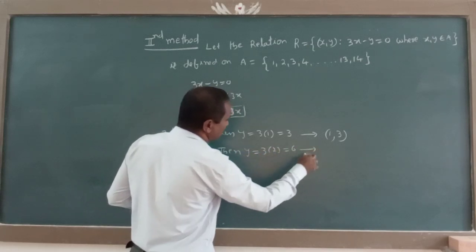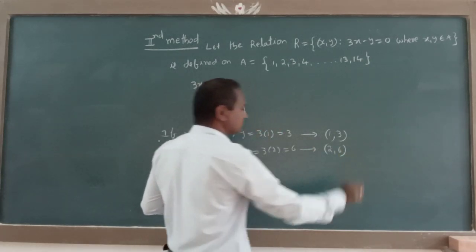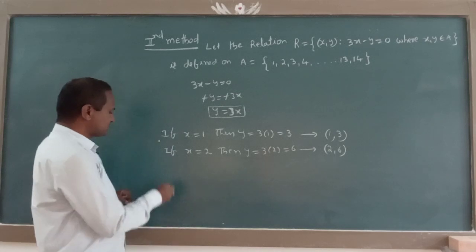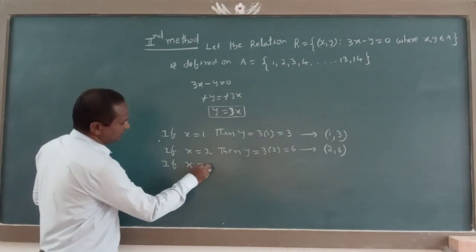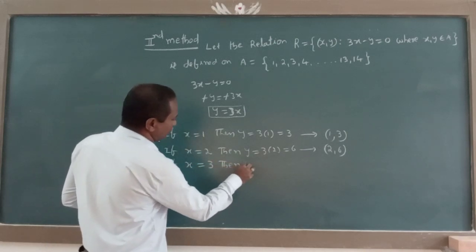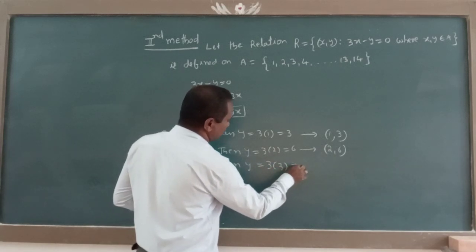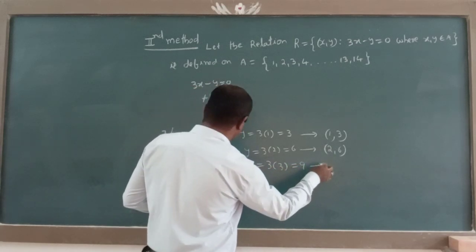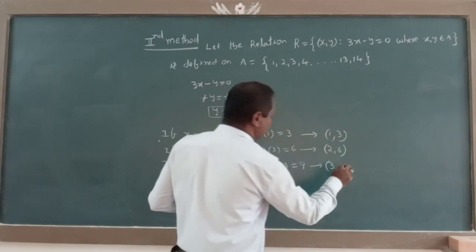For this you get one ordered pair 2 comma 6. Next, if x is equal to 3, then y is equal to 3 into 3 is equal to 9. It is the third ordered pair, 3 comma 9.